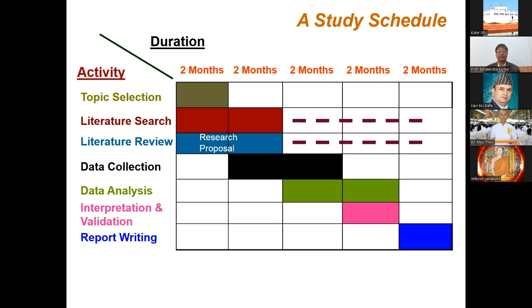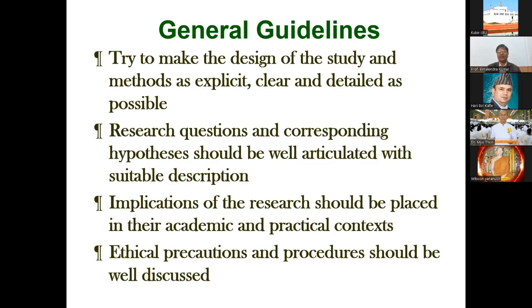And the last 2 months are for the validity of the research questions for your research proposals, as well as how you are going to interpret those ideas or concepts. And then the last 2 months are for report writing also. So this is the table through which one can understand all these things.